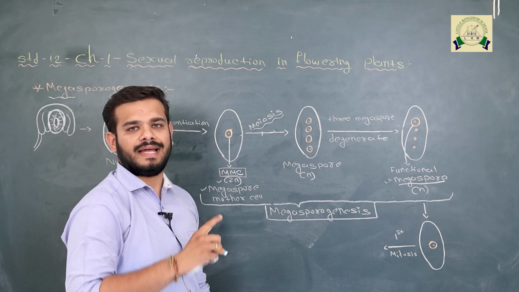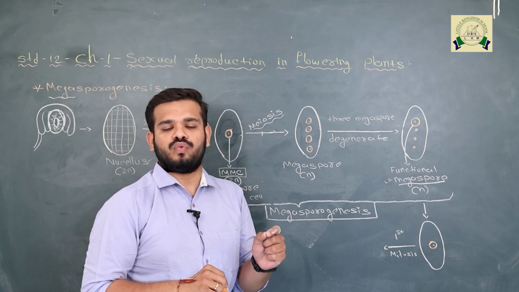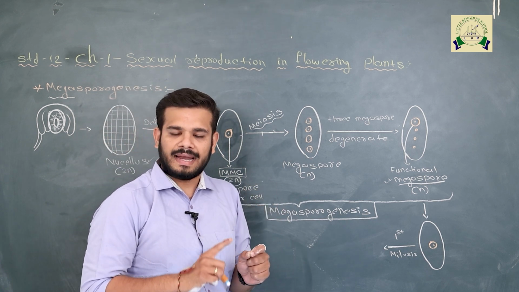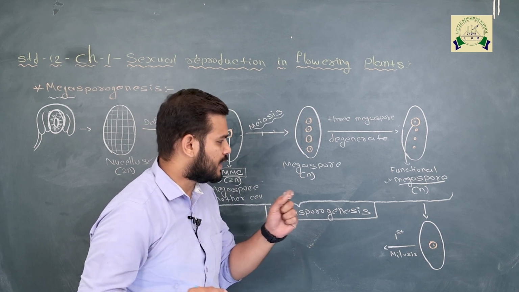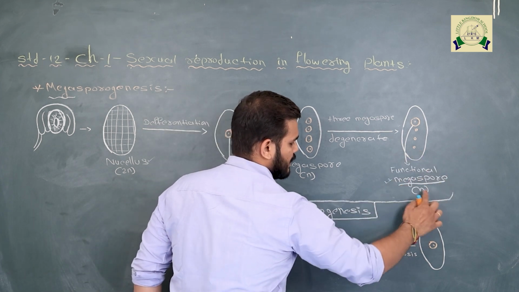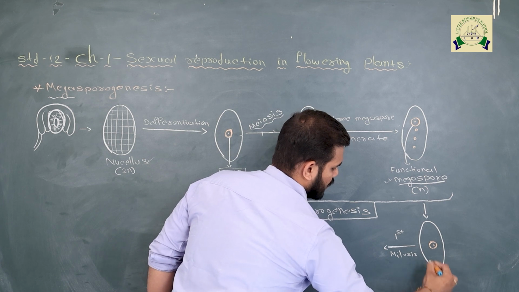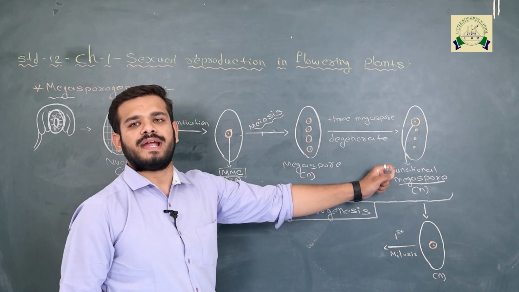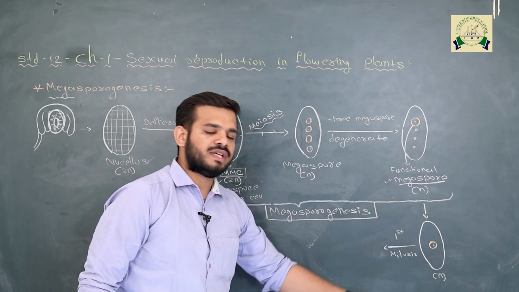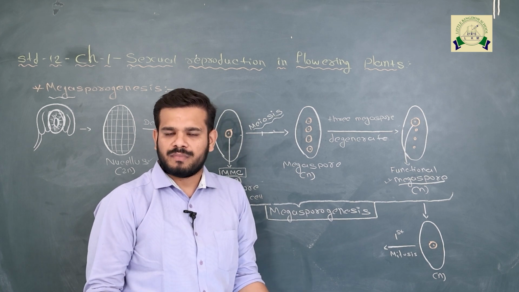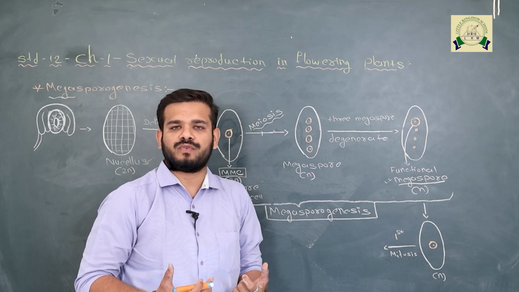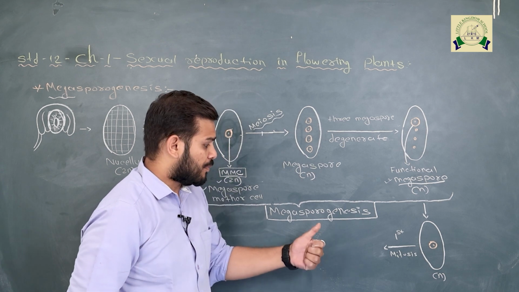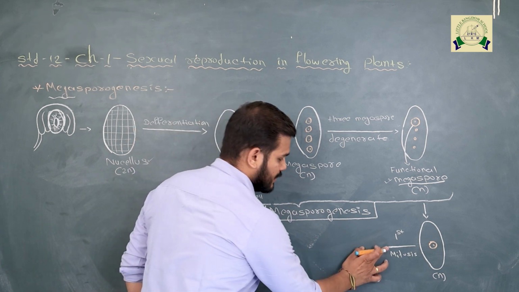What happens at the end of mitosis? 2 daughter cells are produced and the number of chromosomes remains the same. That means if the functional megaspore is haploid, then as a result of mitosis, the newly produced cells are also haploid because ploidy remains the same. Clear?